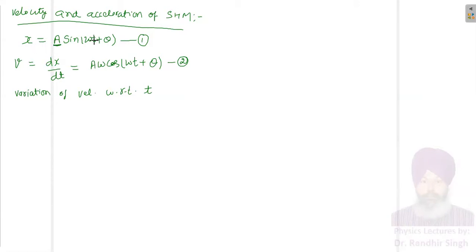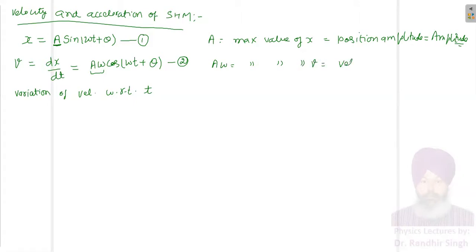A is nothing but the maximum value of X. This is called position amplitude, which we usually call simply amplitude. Similarly, A omega is the maximum value of velocity, and we call it the velocity amplitude. So you can see their amplitudes are different.